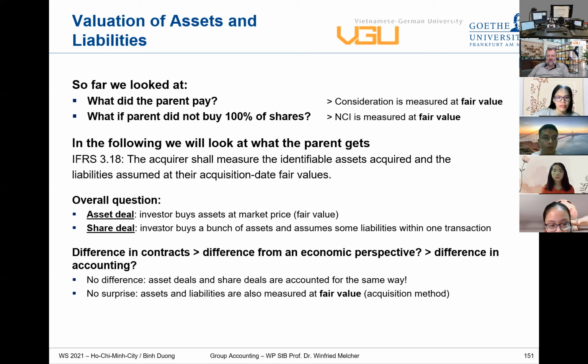So in practice, there can be differences in contracts. One contract could just say that we will buy these and these and these assets and assume this and this and this liability, and the total would be this as a price. And there are other contracts that are based on a share deal, so they will just buy the shares of the company. And via buying the shares of the company, they will get control over the assets and liabilities, right?